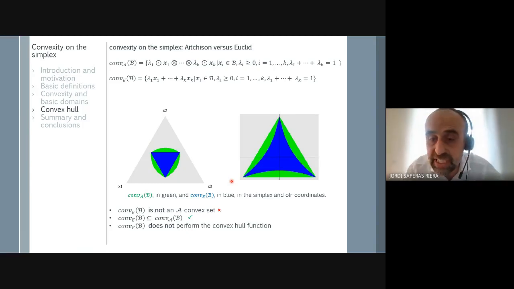And therefore, the Euclidean convex hull in this example does not perform the convex hull function in the simplex. In this case, when we apply numerical methods to solve problems of restricted optimization, if we do on the feasible region of the Euclidean convex hull, maybe we are taking less points than necessary.